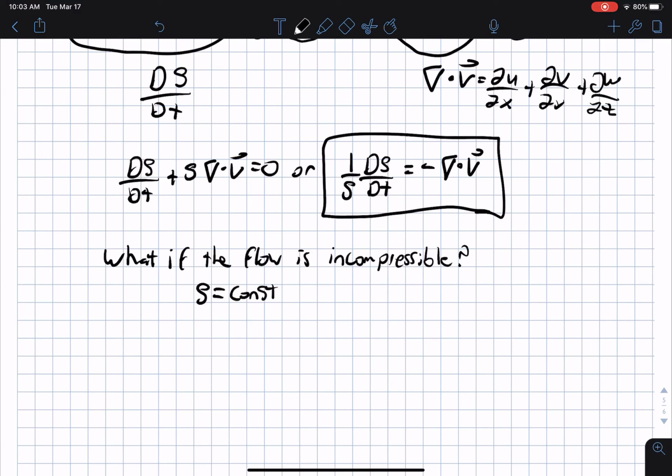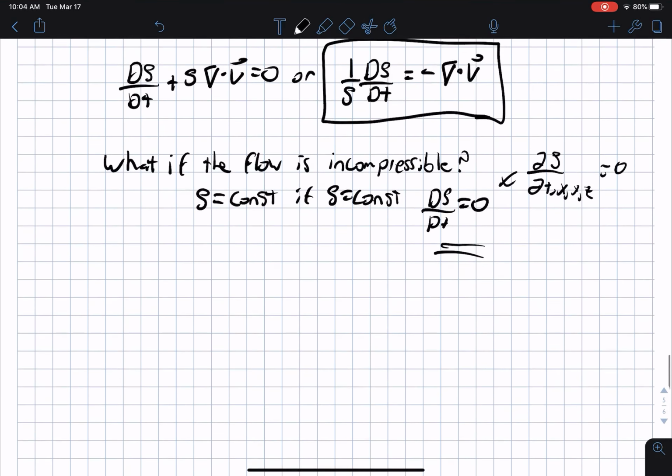And if rho equals a constant, then d rho dt is equal to 0. Right? Because the partial of rho with respect to time, x, y, and z will all be 0. So that means the substantial derivative of density with respect to time will also be 0.